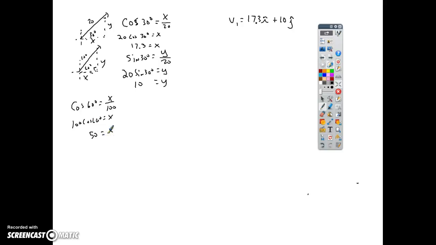I'm with you. 50 I hats. Plus, how do I get the y? Sine of 60 degrees is equal to y over 100. 100 sine of 60 degrees equals y. 86.6. Love it. So 86.6 j hats.